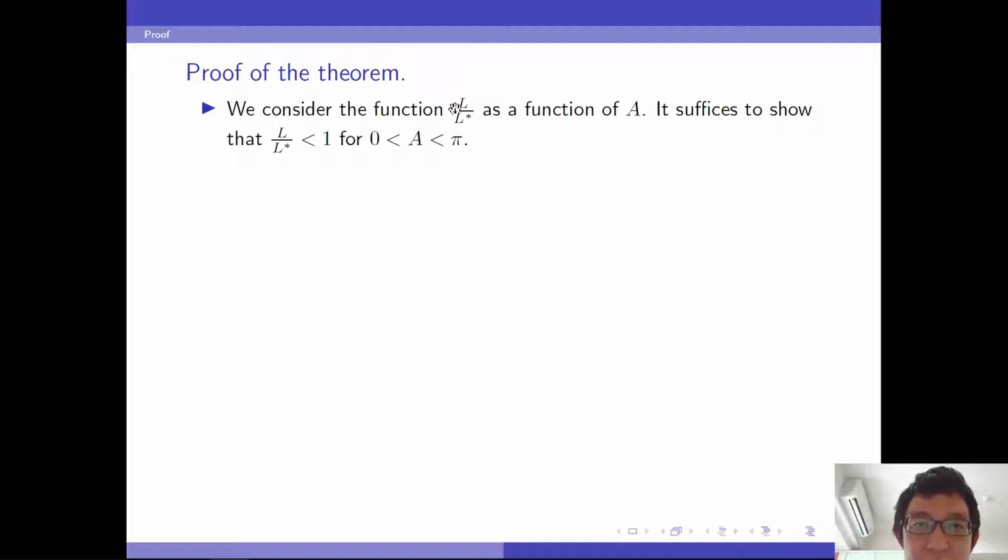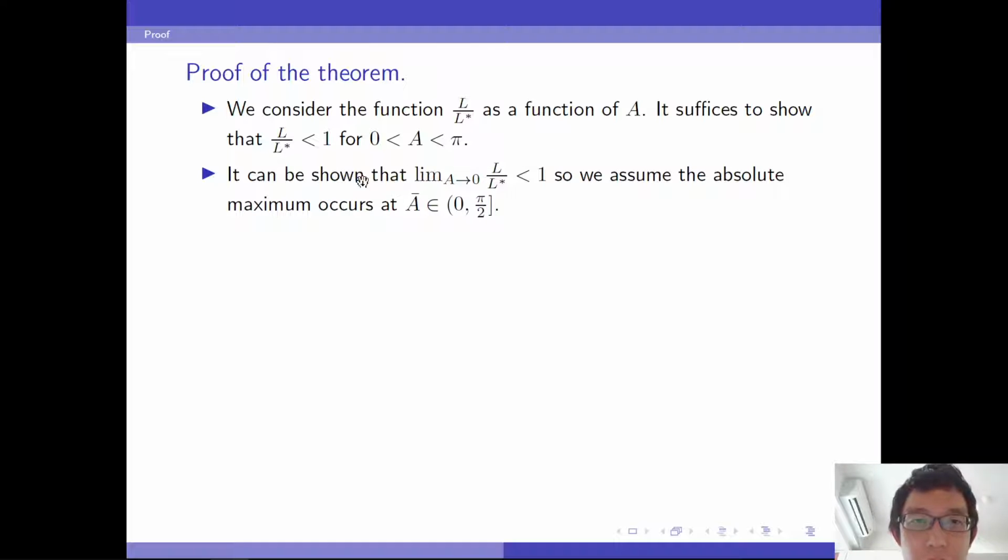And we view them as a function of the enclosed area. Some asymptotic analysis shows that when a goes to 0, L minus L star is less than 1. Therefore, the absolute maximum of this function cannot happen there.